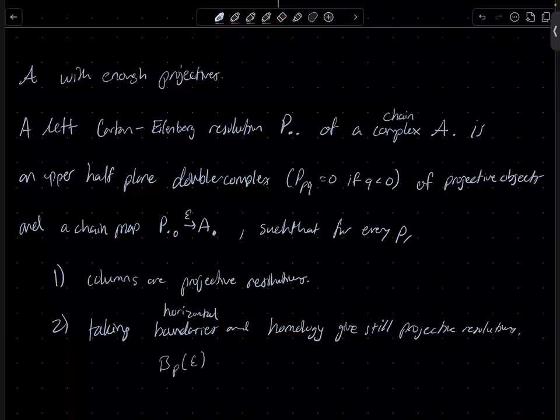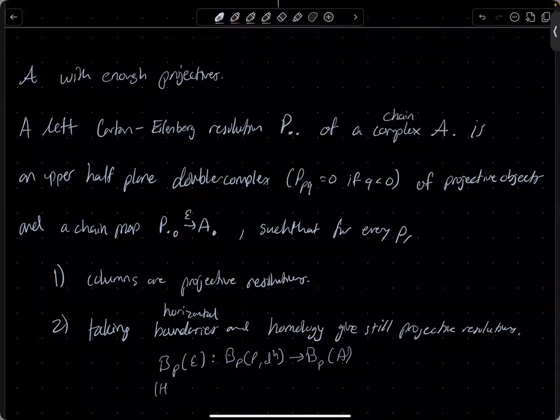At the very last stage, you'll get something like this epsilon map, going from BP P into BP A. If you plug that in as well, and you look at the columns made of these BPs, you will still get a projective resolution. And same here with H, and so on and so forth.